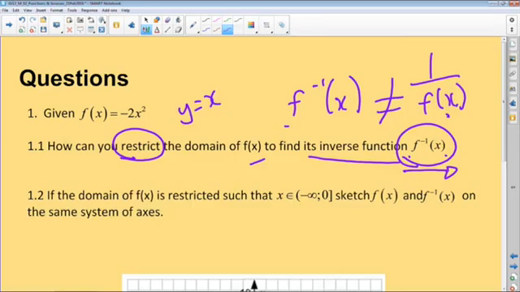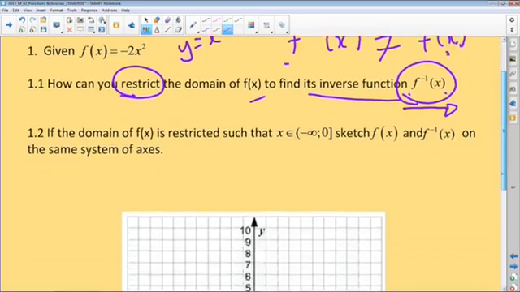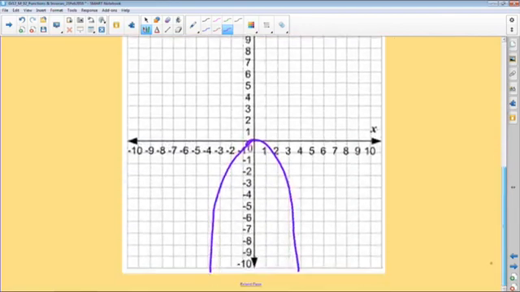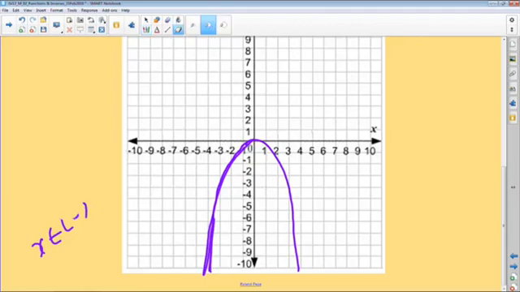So how can you restrict this domain? Well, we're dealing with this graph in purple, our little parabola here, and there's two things we can do. We can restrict the domain of the original graph to the negative side, so we can say x is an element from negative infinity up until naught.